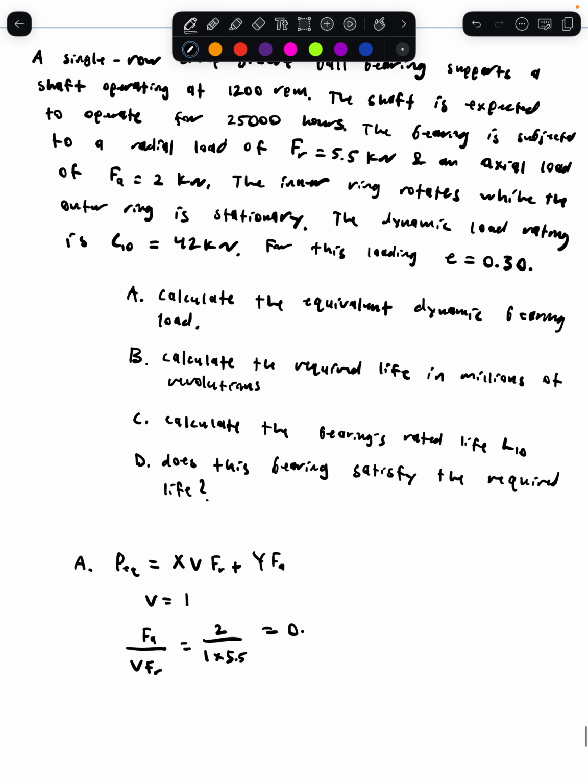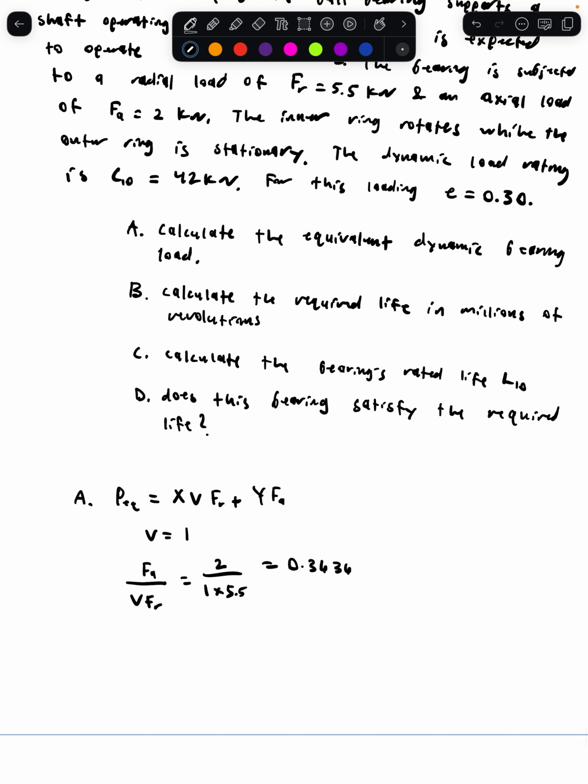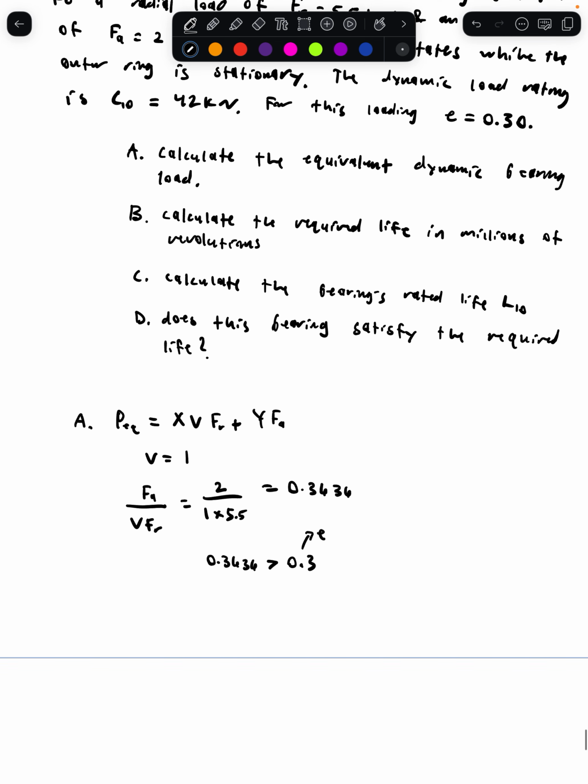It's going to be 0.3636 repeated, which is greater than 0.3, which, remember, is our e. So since that's greater, we have that X equals 0.56 and Y equals 0.84 times the axial load divided by the static rated load to the negative 0.247 power.